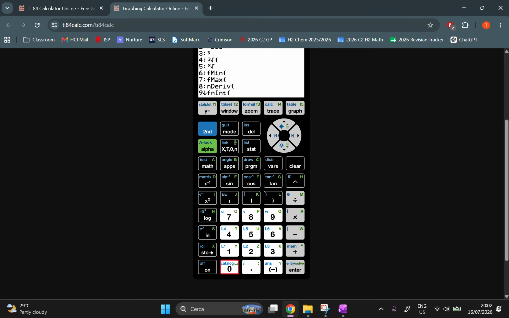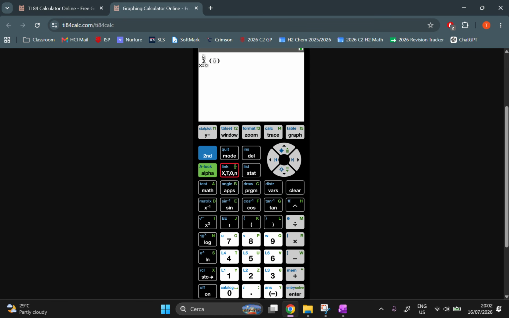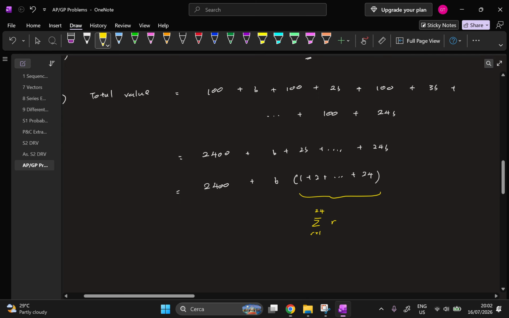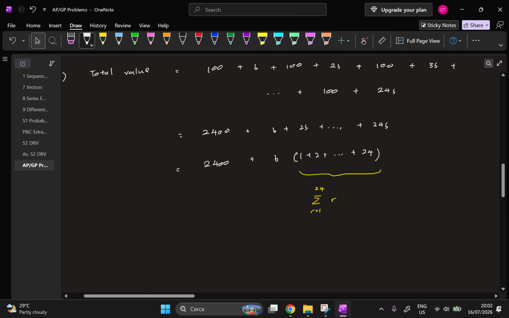Math 0, I'm just going to use x from 1 to 24. And it will give you 300. So the sum of all integers from 1 to 24 is 300. Wow, amazing discovery. So that is 2400 plus 24B. That's the answer for this one.